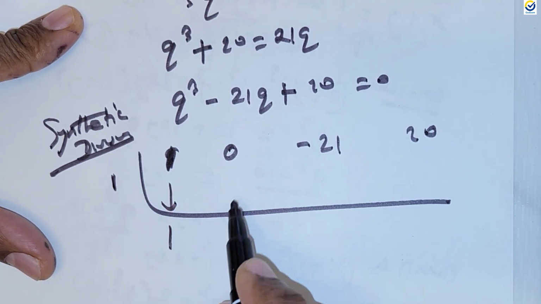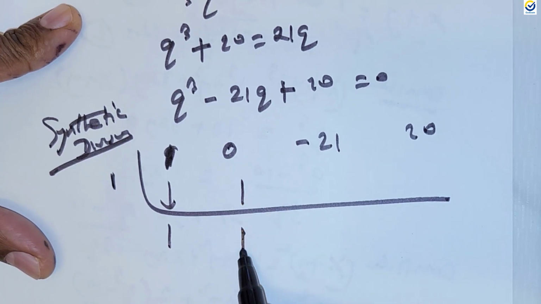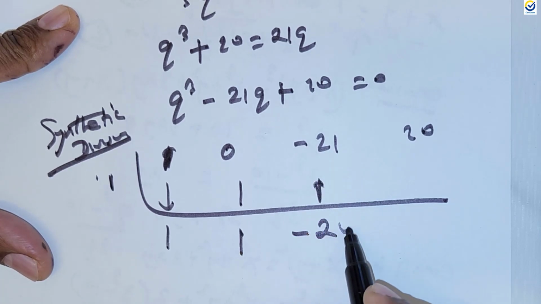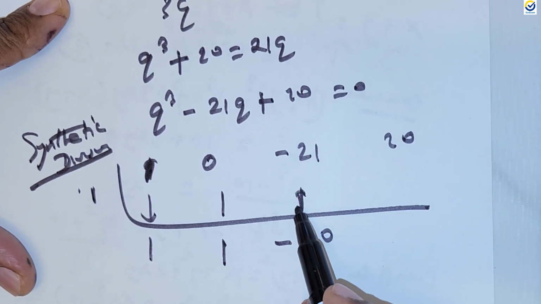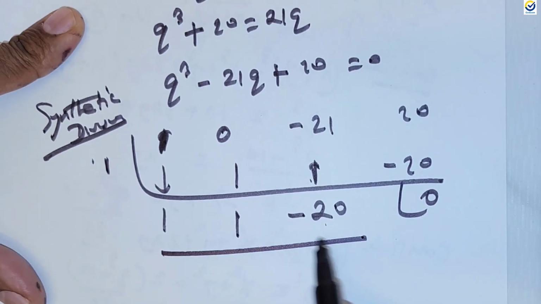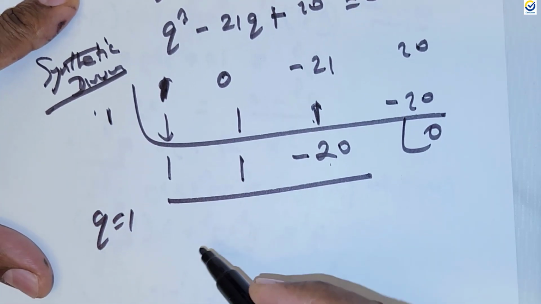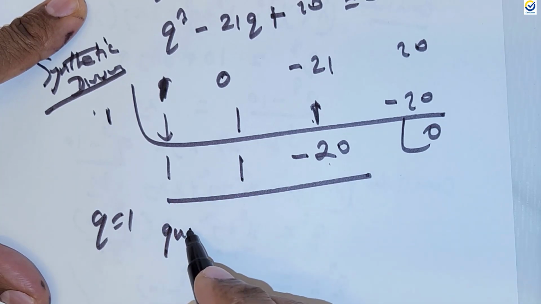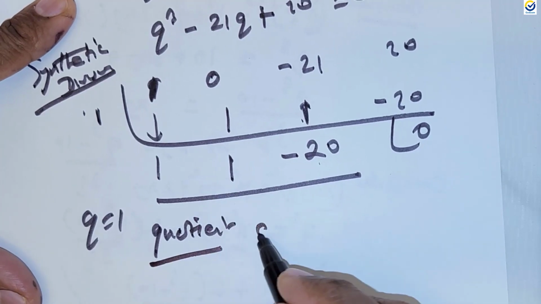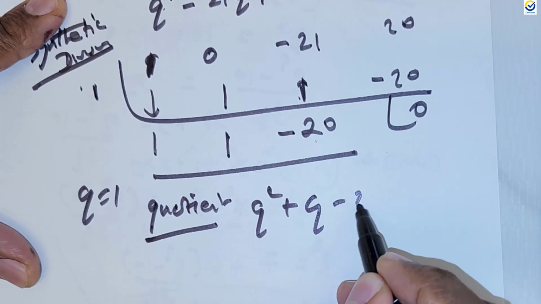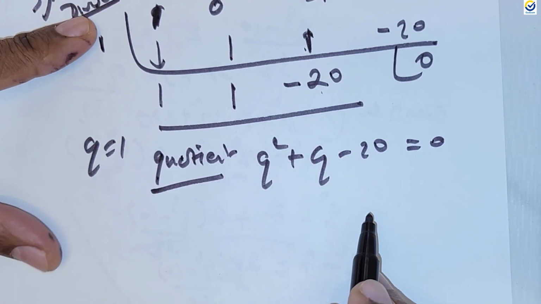I bring this 1 down, 1 into 1 is 1, 0 added with 1 will give me 1, 1 into 1 is 1, negative 21 added with 1 gives me negative 20, negative 20 times 1 will give me negative 20. So clearly q equal to 1 is a factor, and the remainder is 0. The quotient, we started with q cubed, so now we start with q squared plus q minus 20 is equal to 0.